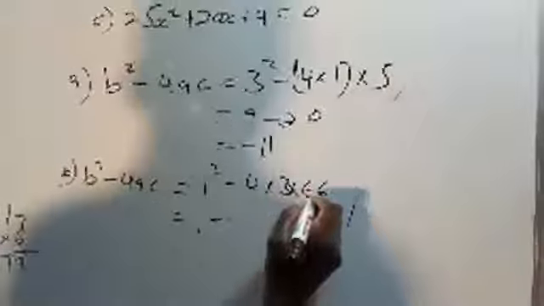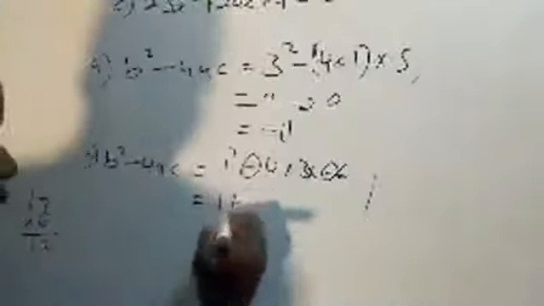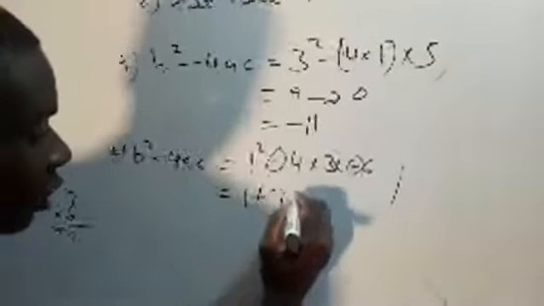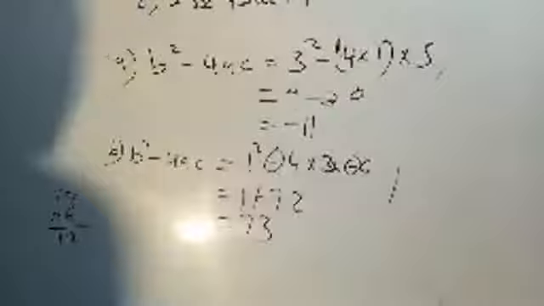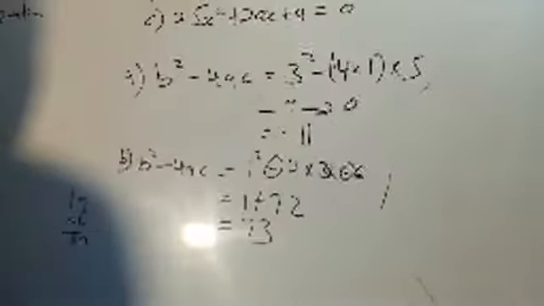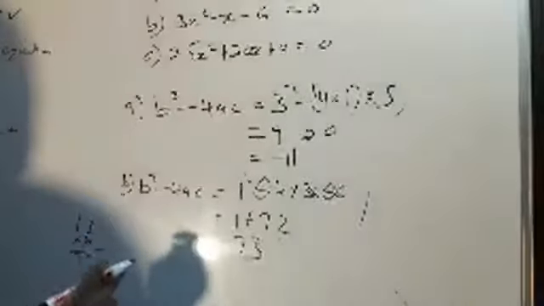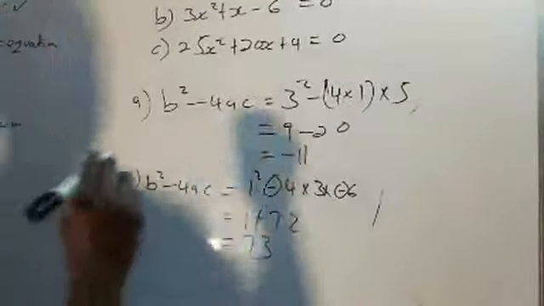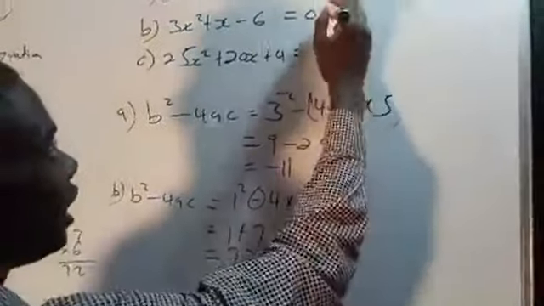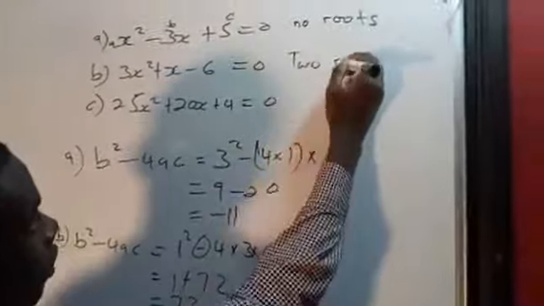But a negative times a negative leads to a positive, becoming 72, making 73. But they told us when it is greater than 0, it means it has two distinct roots, that is two real roots.